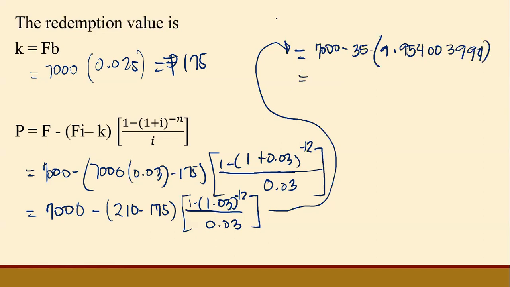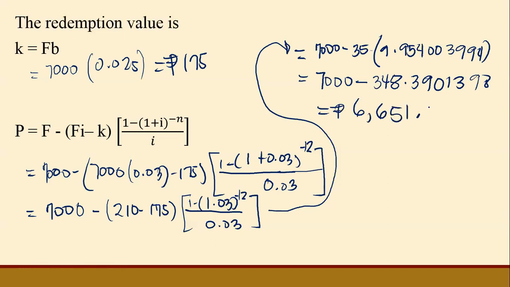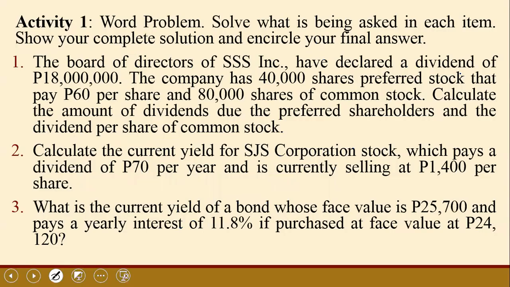So this is now equal to 7,000 minus 348.3901398. Okay, so this is now equal to 6,651 pesos and 61 centavos. Okay? All right. So that ends our discussion for stocks and bonds.